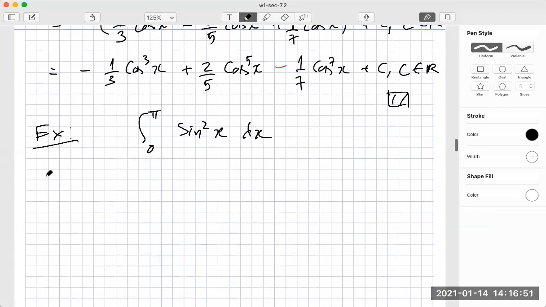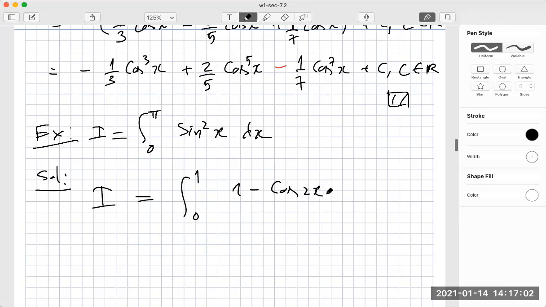Say it again, please. Thank you. So these formulas, you see them many times, so it's better to memorize them, right? Very good.